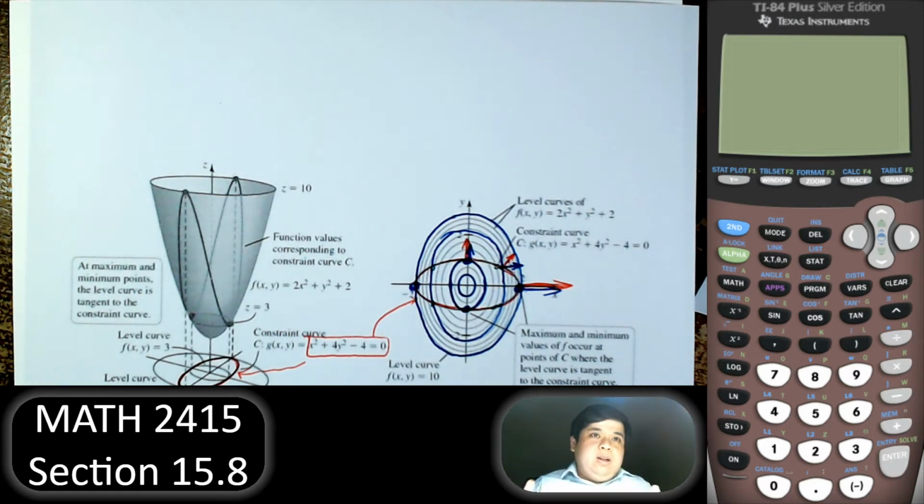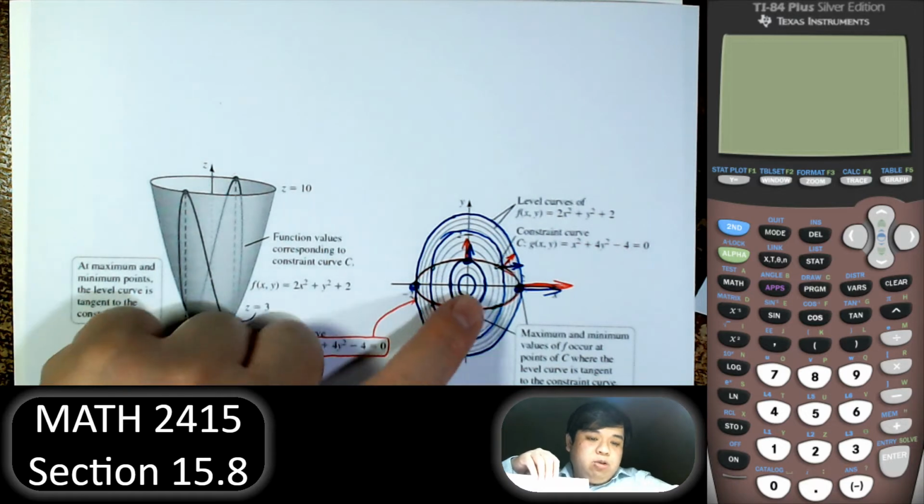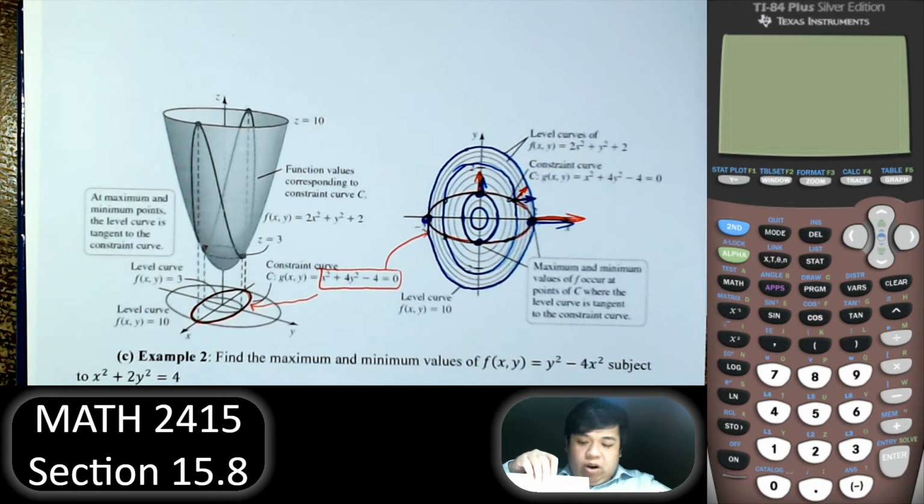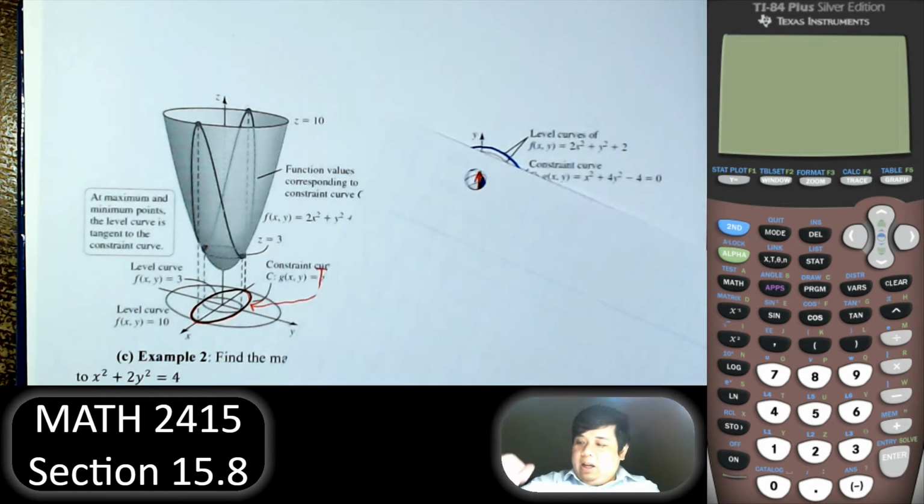Those points can be found using Lagrange multipliers, and that's essentially what this theorem is about. So what we're trying to find is the maximum or minimum of a function for a given boundary or constraint.